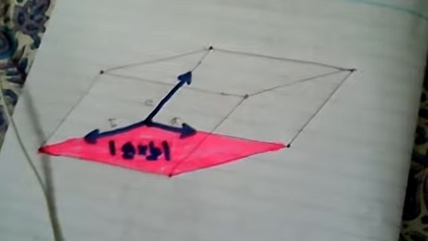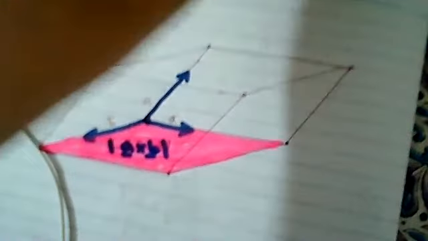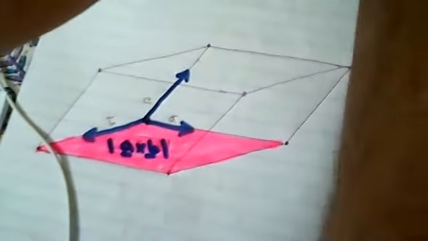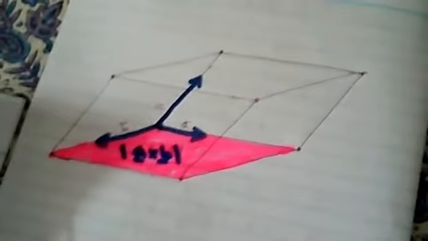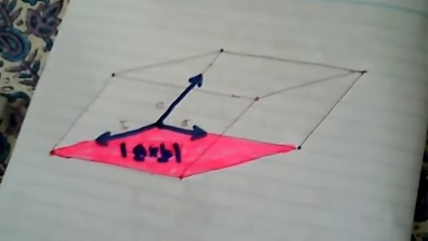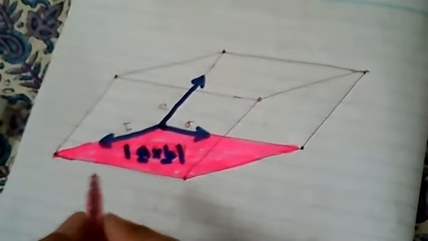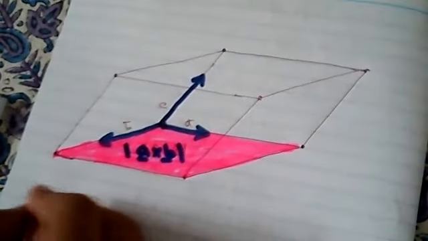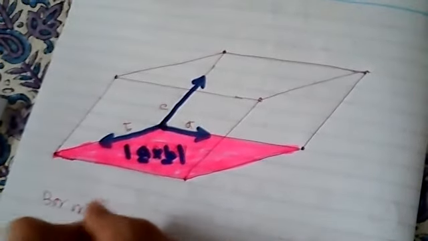So this is the area of the parallelogram. Okay. So what is the volume of this box? In mathematics it is called a box or parallelepiped.